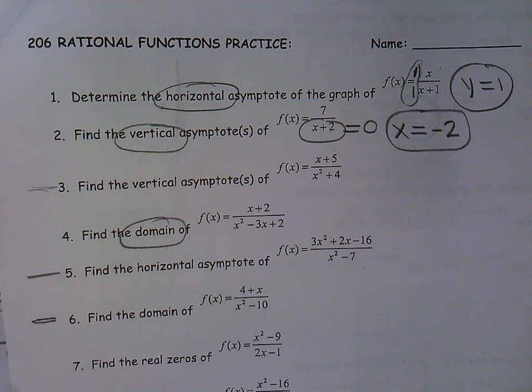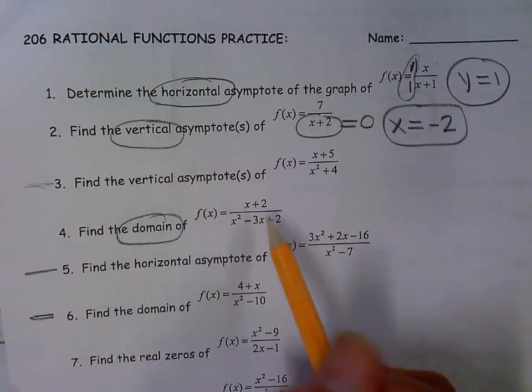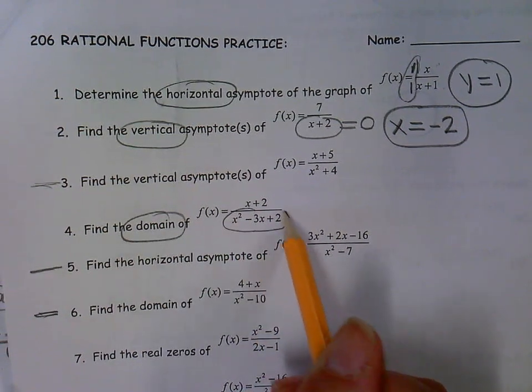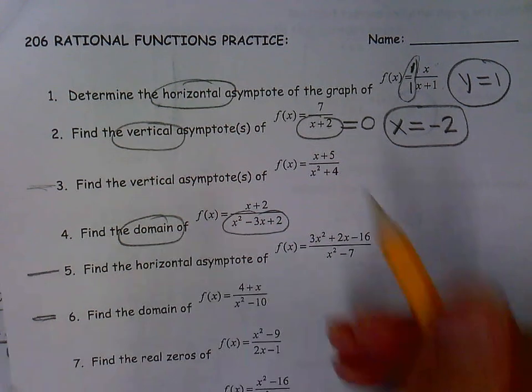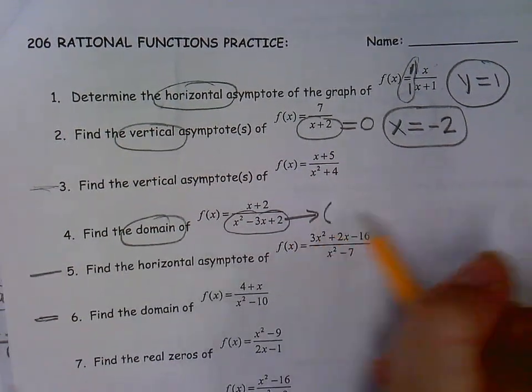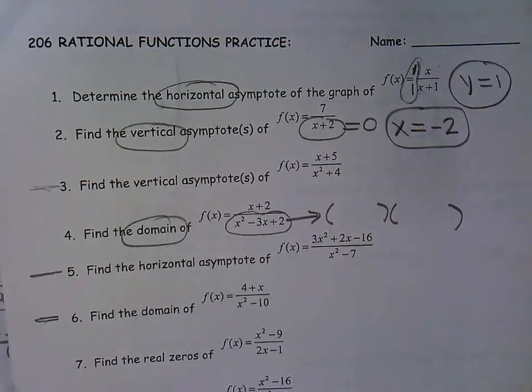So if it's step 3, again, I'm looking at the denominator. This is a quadratic. What do I have to do to the quadratic to find my domain? Factor it. So this is a trinomial. So I want you to factor your denominator. Take a minute and try it on your own, right?